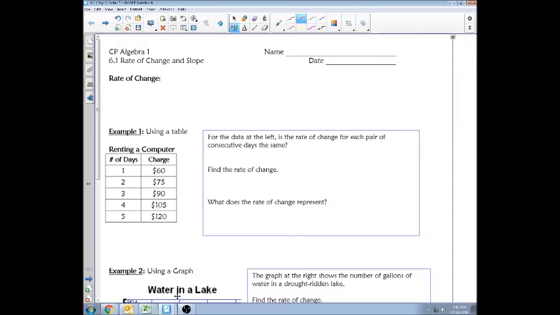The rate of change is the relationship between two quantities that are changing.